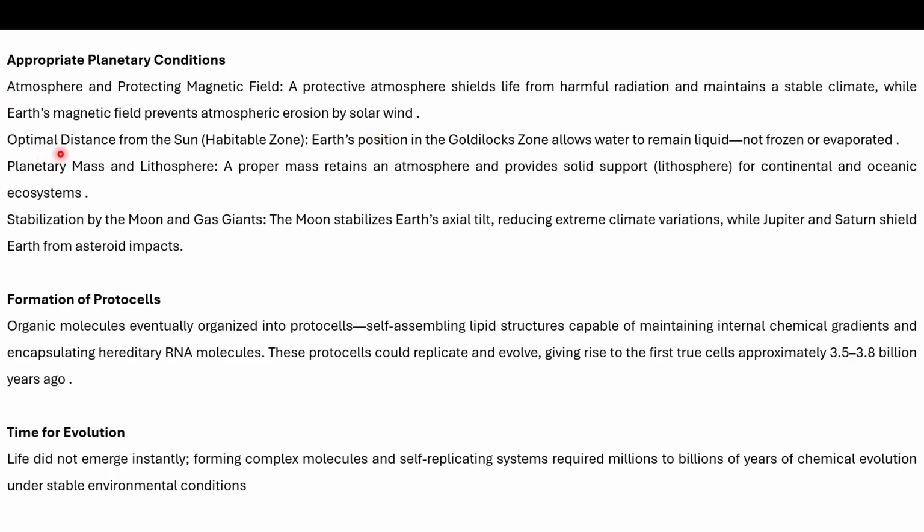We also have an optimum distance from the sun, so the earth's position allows water to remain liquid. It's not always frozen or completely evaporated. Planetary mass and lithosphere: a proper mass retains an atmosphere and provides solid support for continental and oceanic ecosystems. Then, as we talked about, stabilization by the moon and gases.